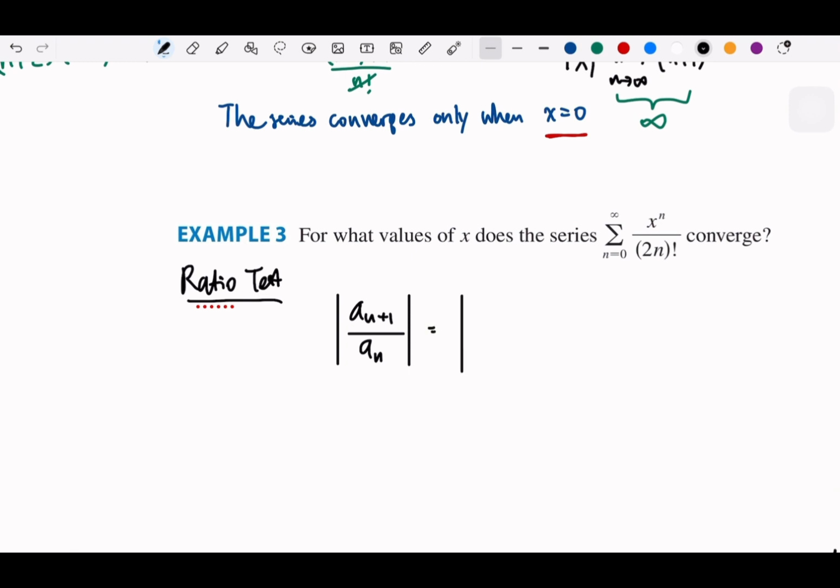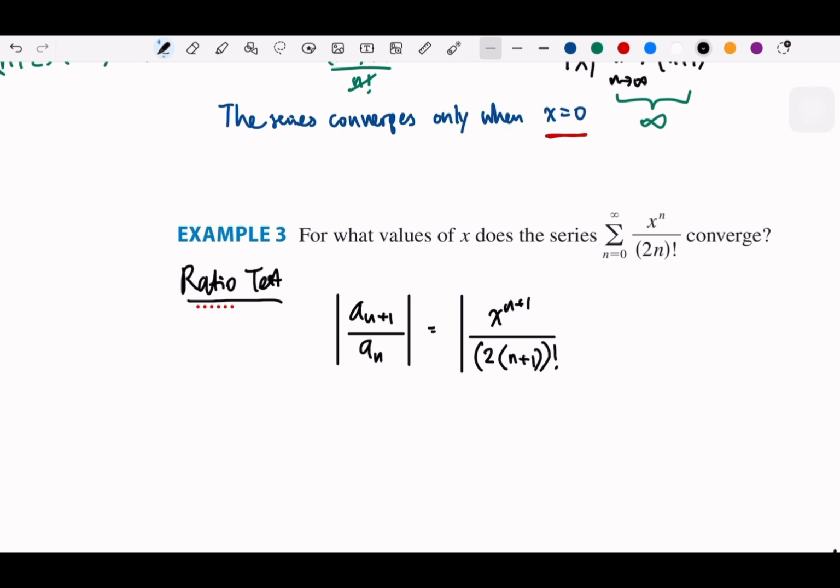Remember, we have 2n inside the factorial, which means n will change to n plus 1, then close bracket and factorial.